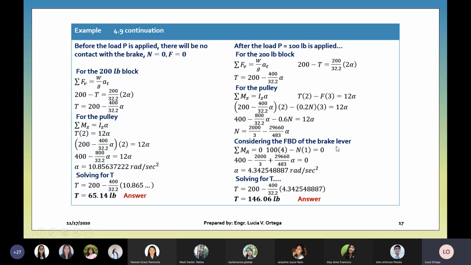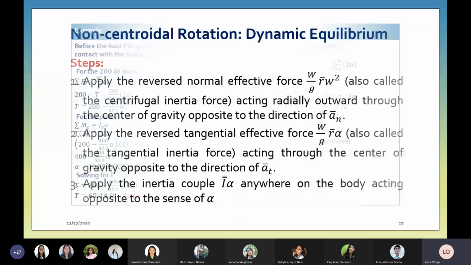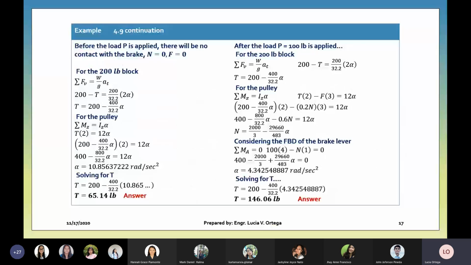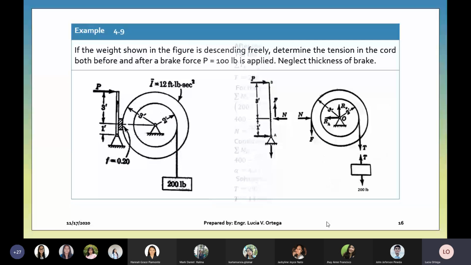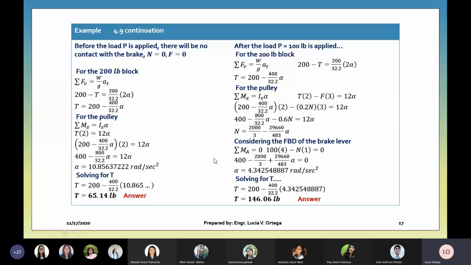Then consider the free body diagram of the brake lever. We take summation of moment at A. So let's go back to the free body diagram. We take summation of moment here. P clockwise, P times 4 minus N times 1. The equation for N is in terms of alpha.